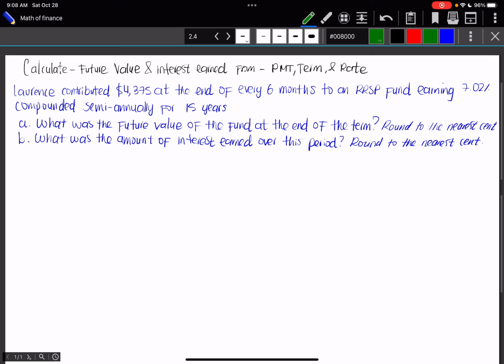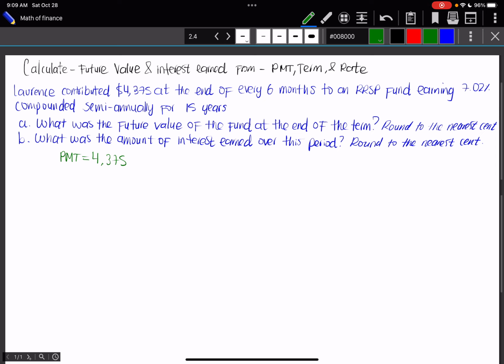To work with this problem, we need to identify various variables. So let's introduce some notation. The $4,375 corresponds to the amount of the periodic payment of this annuity. We write PMT equals $4,375.